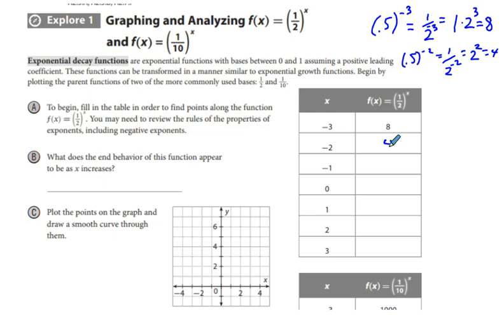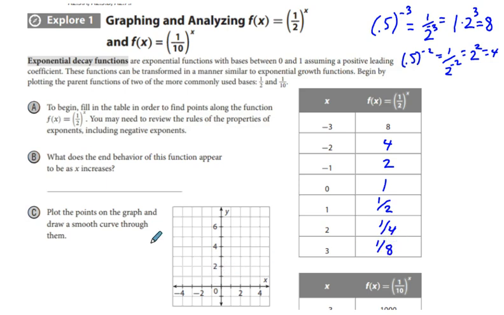If we plug in -1, we get 2. If we plug in 0, we get 1. If we plug in 1, we get 1/2. If we plug in 2, we get 1/4. If we plug in 3, we get 1/8, and so on.